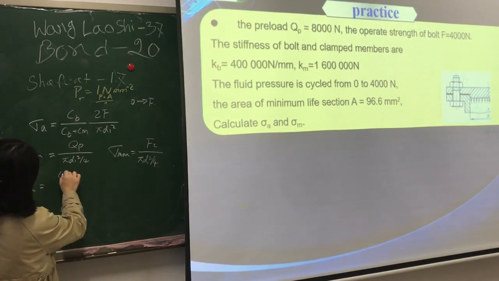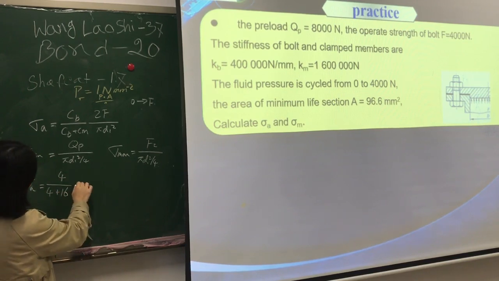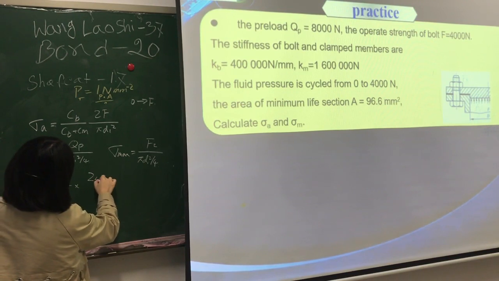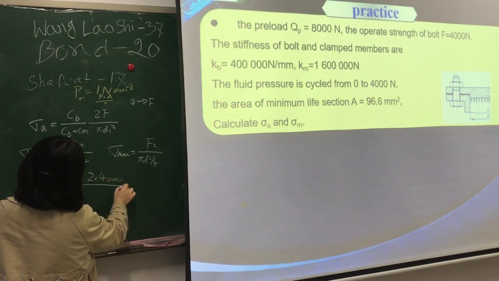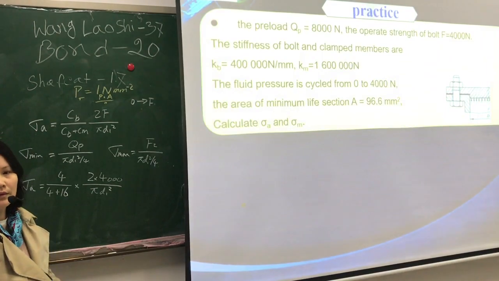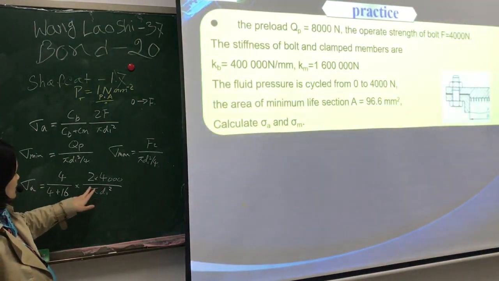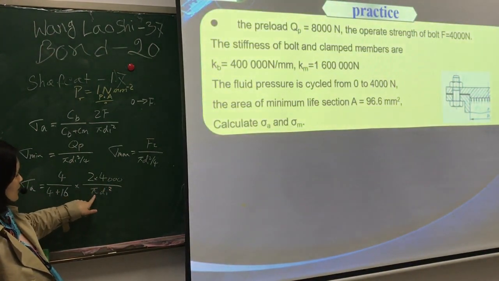CB 4 times plus times 2, okay. So how to calculate this? How to calculate this?